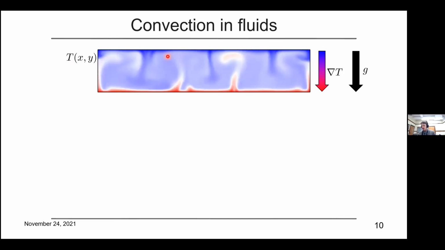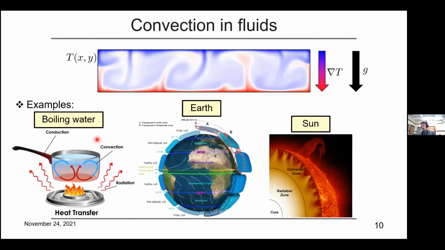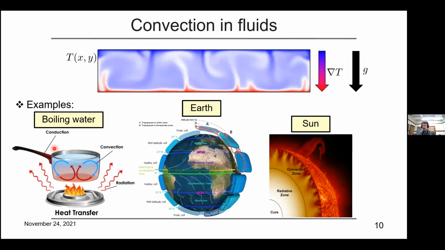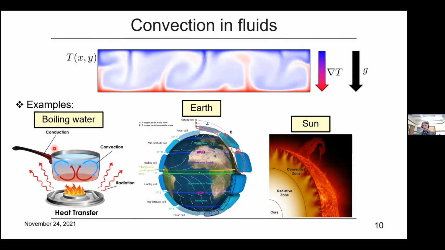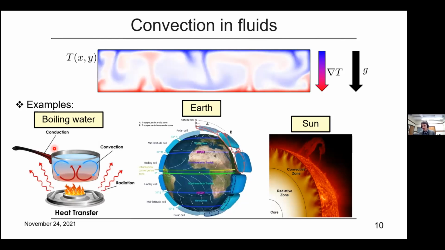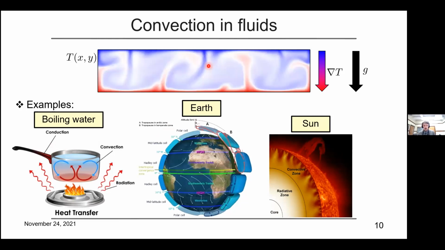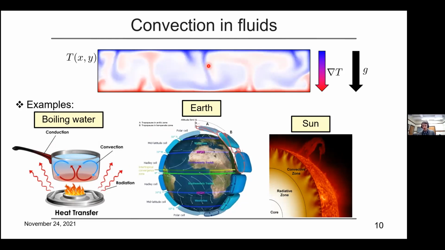Other examples of convection are well known to you, for example, boiling water, heaters. In this case, the hot fluid becomes less dense and starts to move upward. And cold fluid is quite dense compared to the hot one and starts to move downwards. As you can see, for example, here in the central part of this simulation. Also, convection is very important not just for heating our houses and preparing coffee, for example.